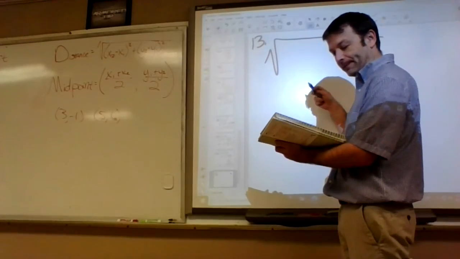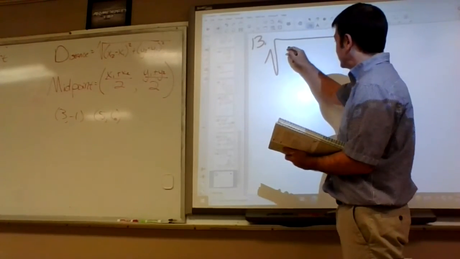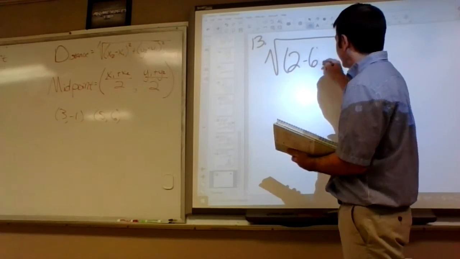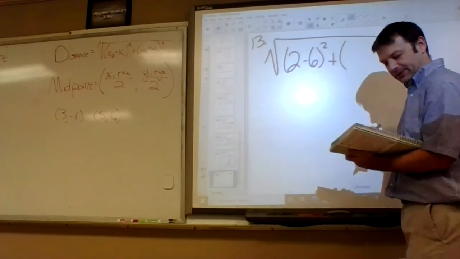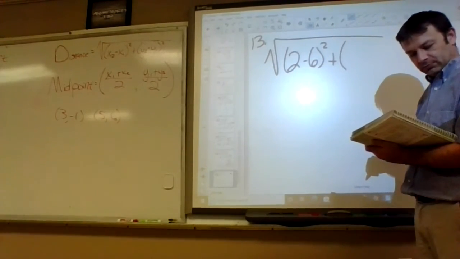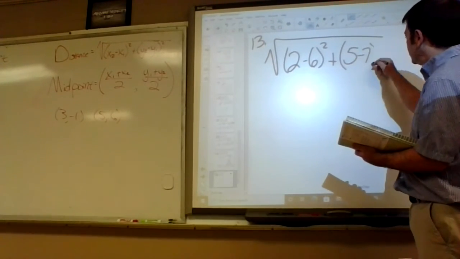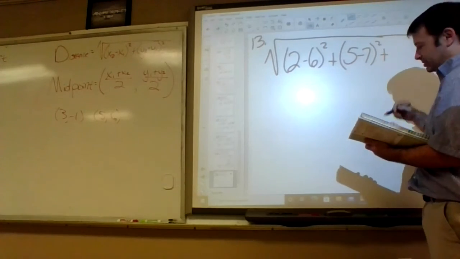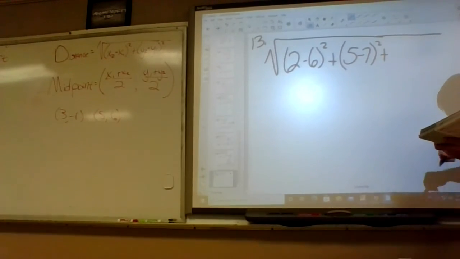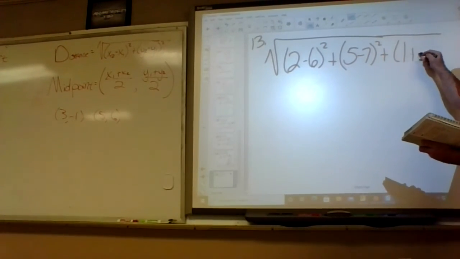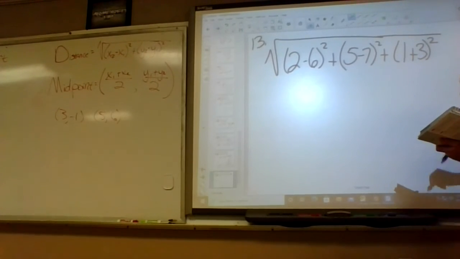All right, anyway, 2 minus 6 squared plus 5 minus 7 squared plus 1 minus -3, or 1 plus 3, squared.